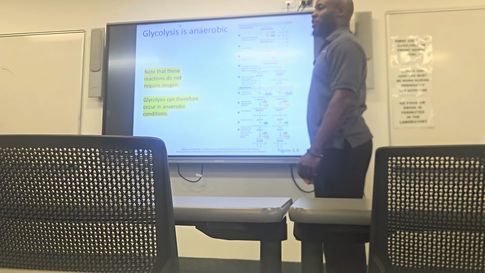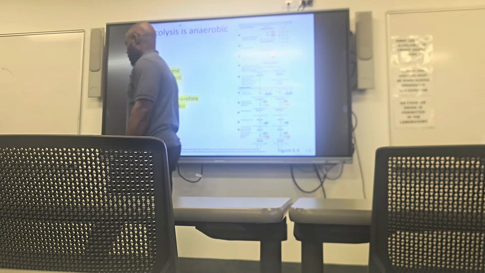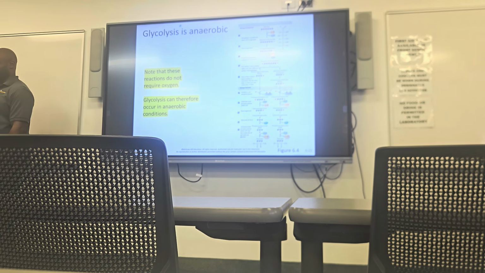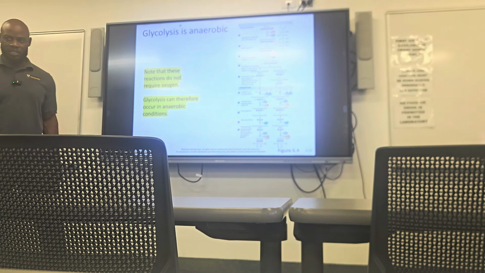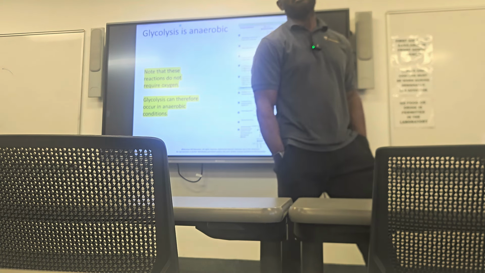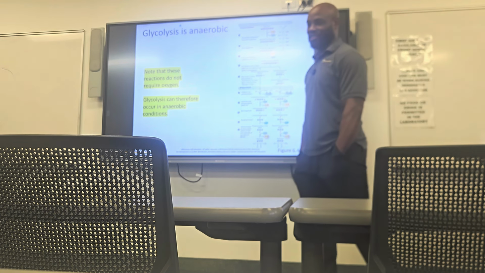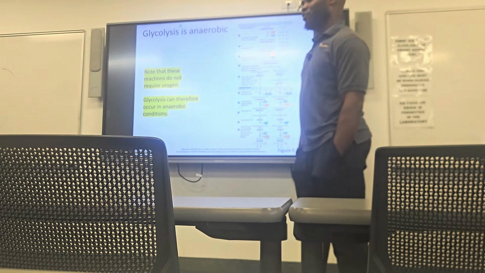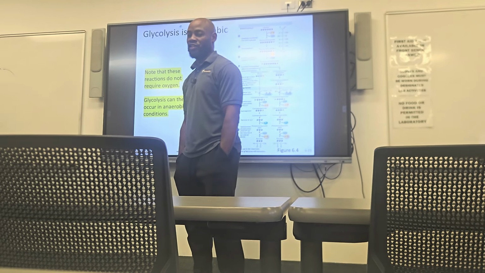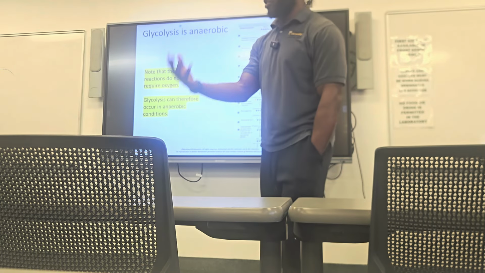Glycolysis is anaerobic. What does anaerobic mean? We just talked about that, yes, but you may not have thought that was important. Anaerobic means it does not require oxygen. Aerobic, when you do aerobics, like if somebody said I'm going to an aerobic class, what we generally mean is something that is going to get your heart rate up and you're going to be breathing a lot.